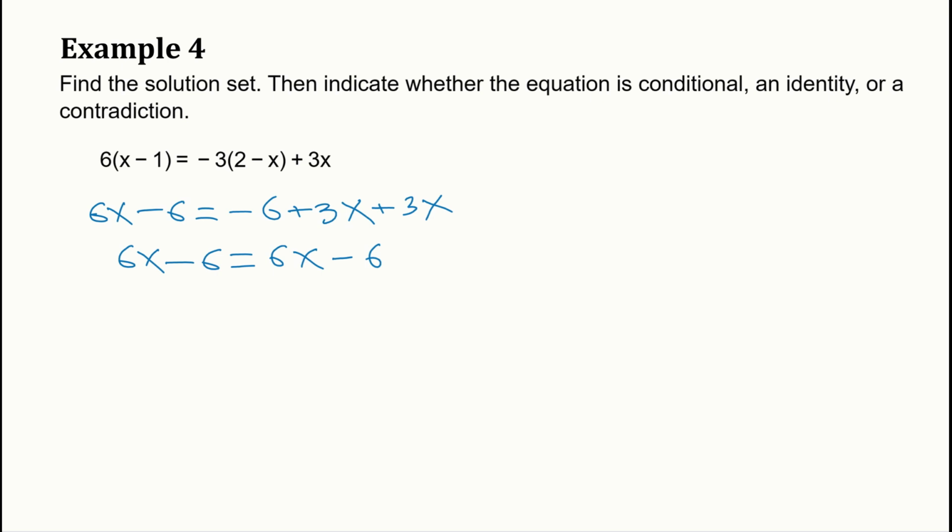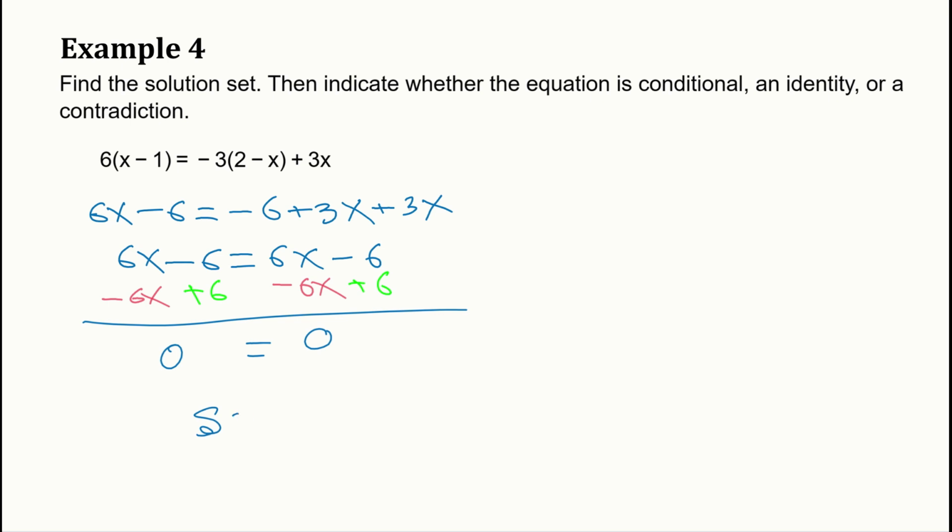You can already see we're looking at an identity, right? But just to satisfy ourselves, we could always take it to its logical extreme, subtract 6x from both sides, and add 6 to both sides as well. And once again, we end up with 0 equals 0. So this is when we realize we were dealing with an identity, so we know that the solution set is the set of real numbers.